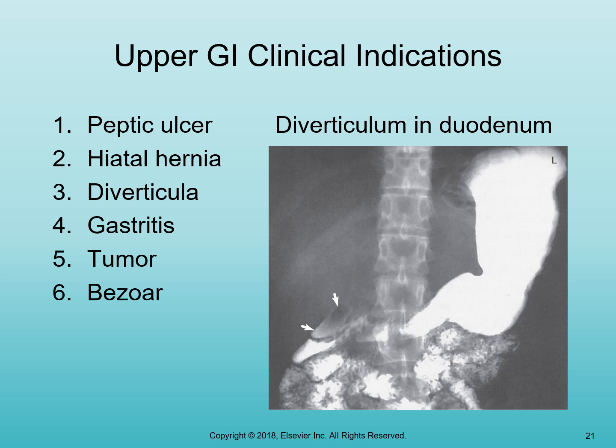They could have gastritis, which is inflammation of the lining or the mucosa of the stomach. They could have a tumor that they're trying to image, or the patient could have what's called a bezoar. Now, a bezoar, the easiest way I can describe that, it's almost like a human hairball.